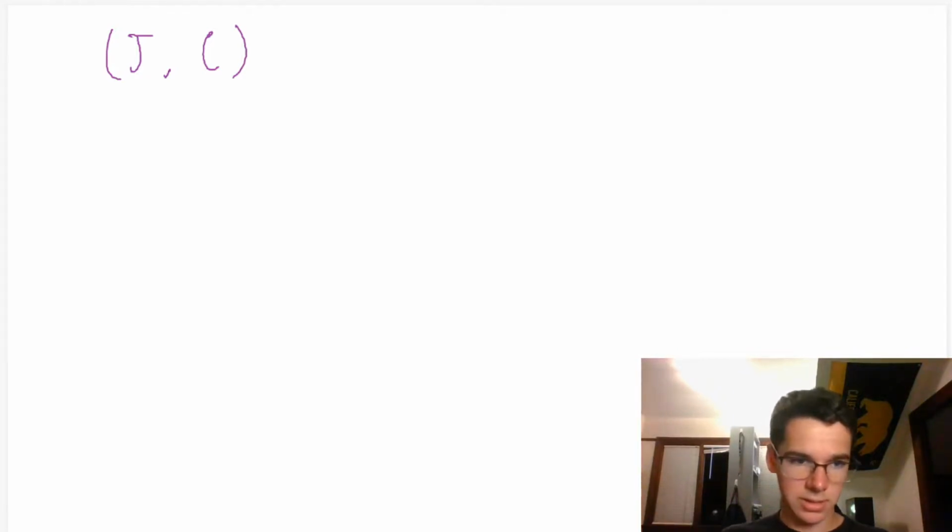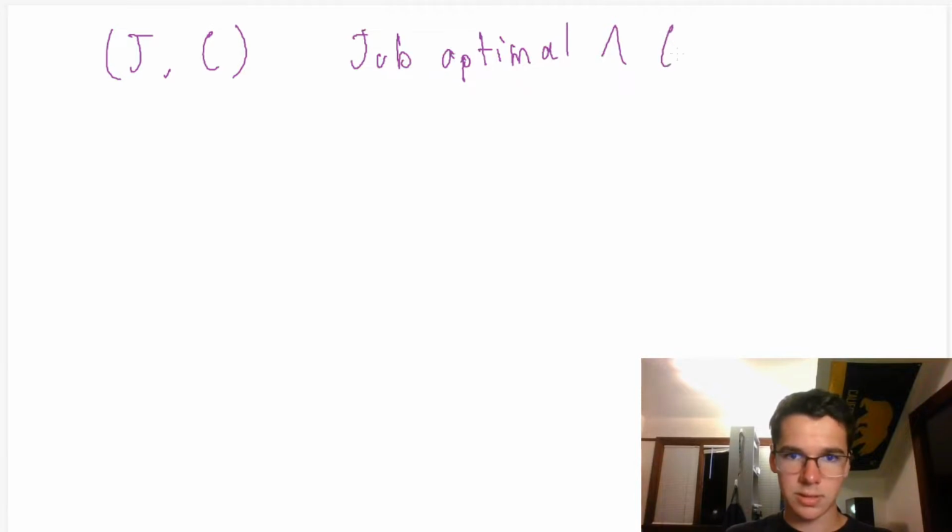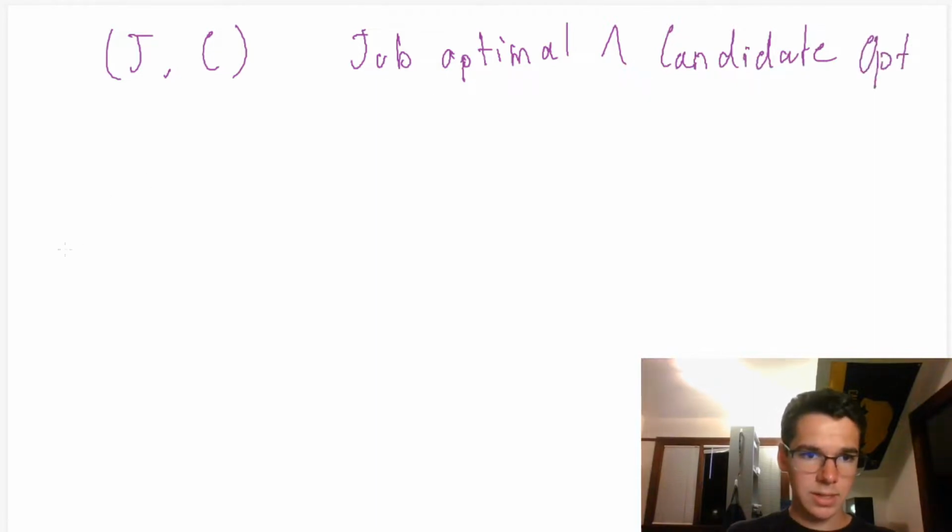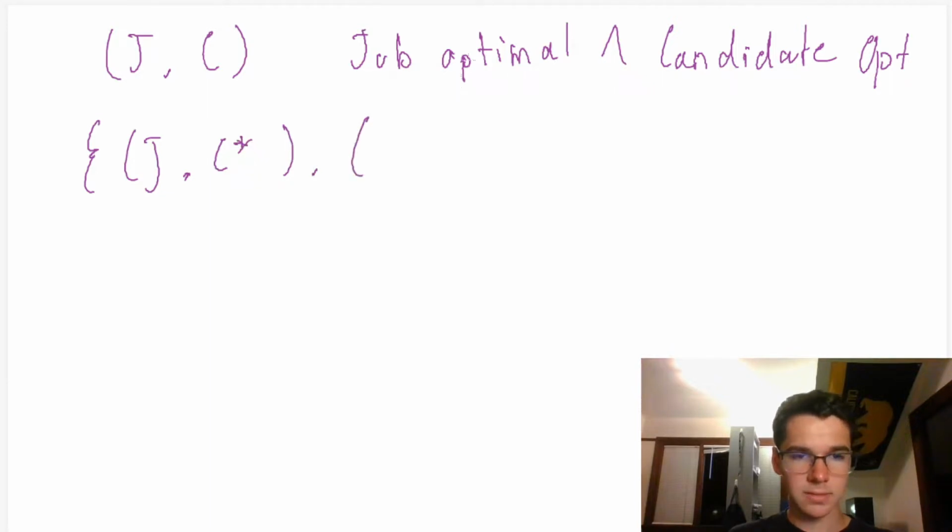We're going to contradict it in the sense that we're going to say this matching right here is both job optimal and candidate optimal. Okay, and then we're going to create this set right here that is actually a stable match.